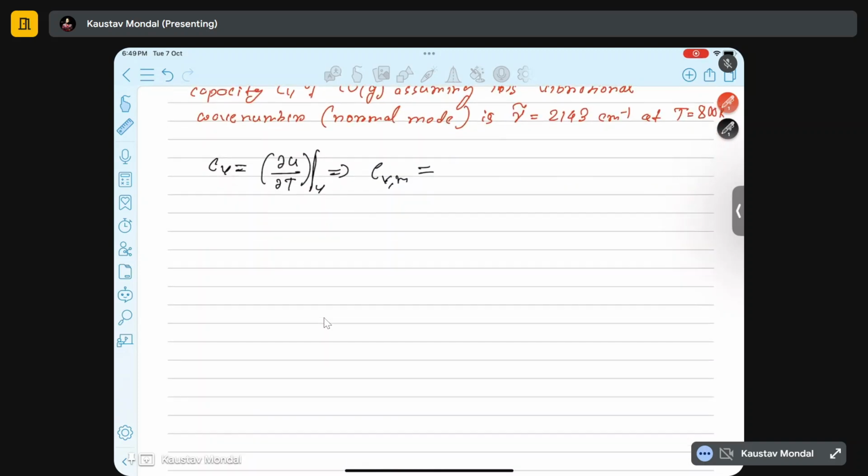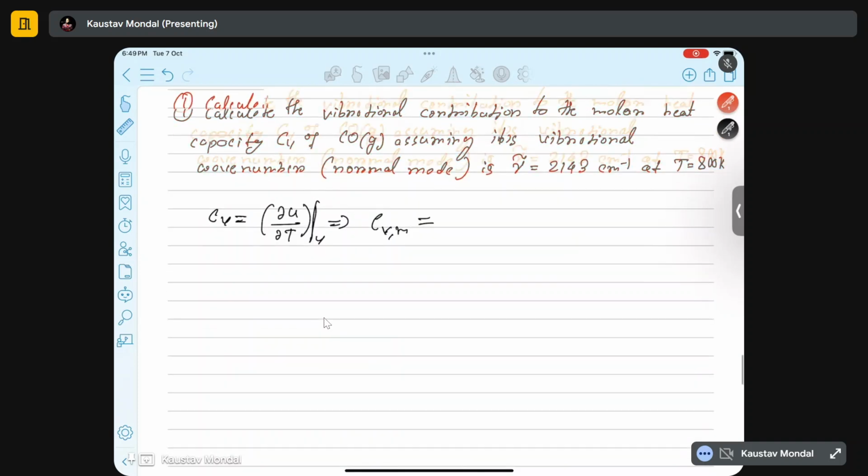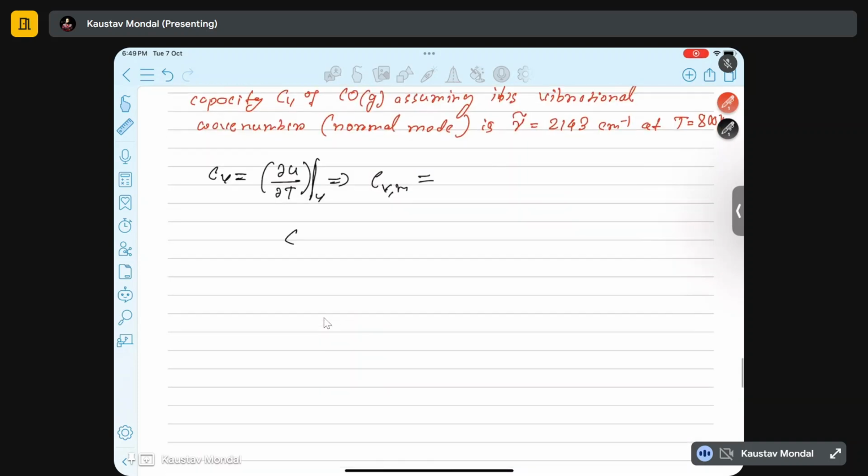Let's suppose each carbon monoxide molecule has an average energy, angular bracket E. Now 1 mole of carbon monoxide consists of Na molecules, so it has the total internal energy U equal to Na into the average energy of each molecule.